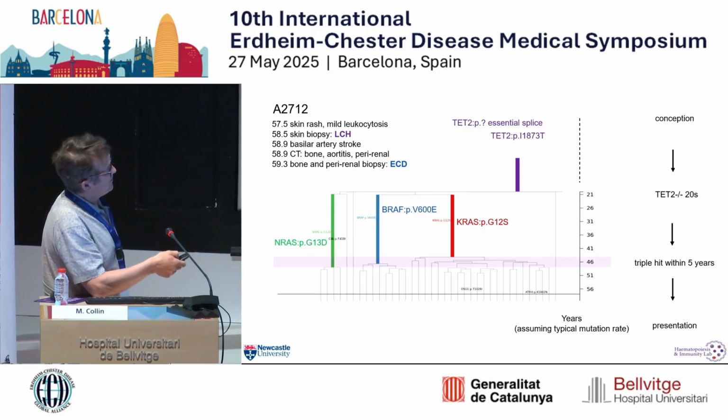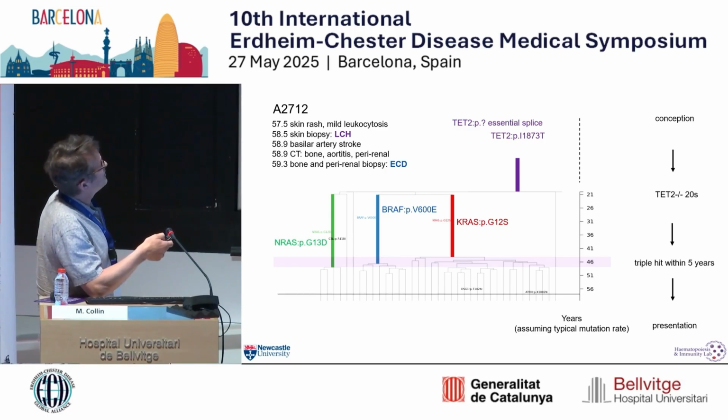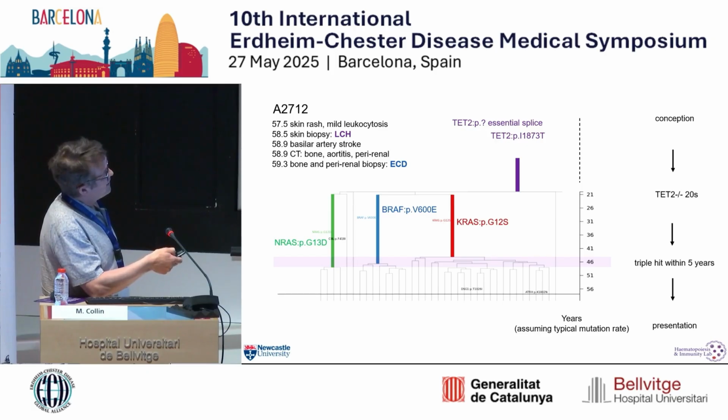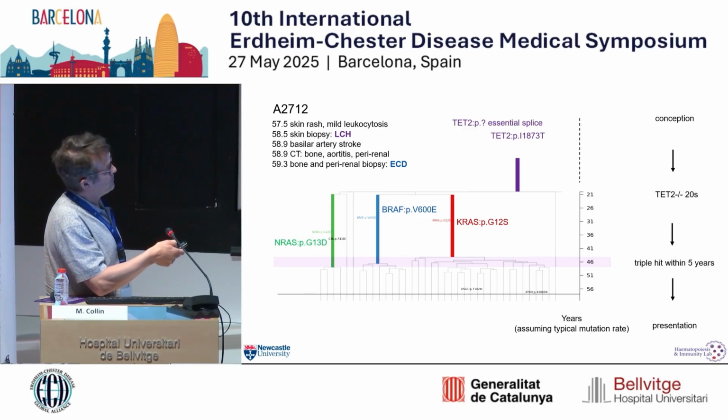So this is our view of the clonal evolution of histiocytosis in this 59-year-old woman. And again, the y-axis shows the development of her mutational status from the point of conception. This is inferred at the moment because we have to sequence some more so that we can completely calibrate this axis back to the start.